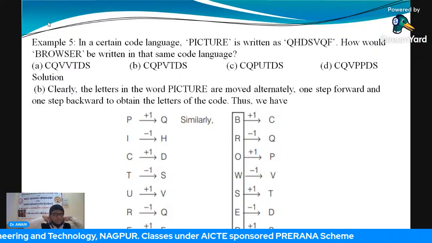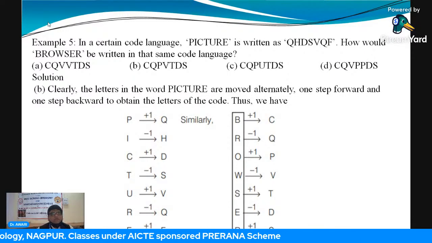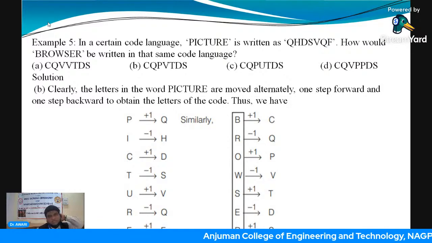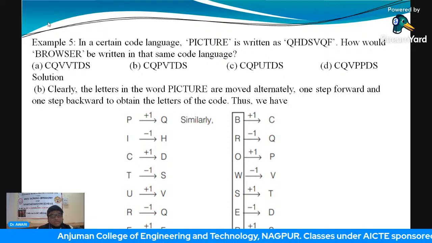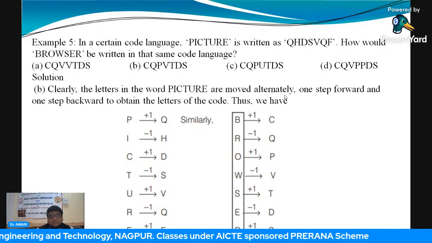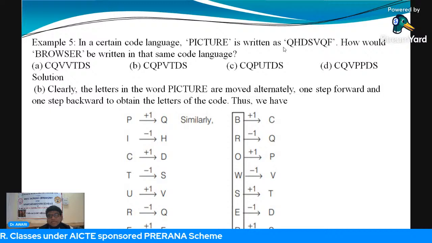So example 5: if in a certain code language PICT is written as QHDS, how would BROWSER be written in that same code language? Clearly the letters in the picture are moved alternately, one step forward. So instead of P, Q is there.